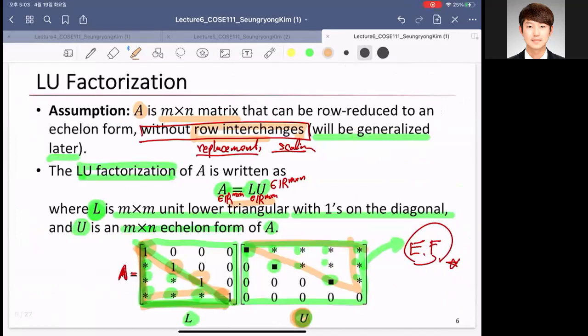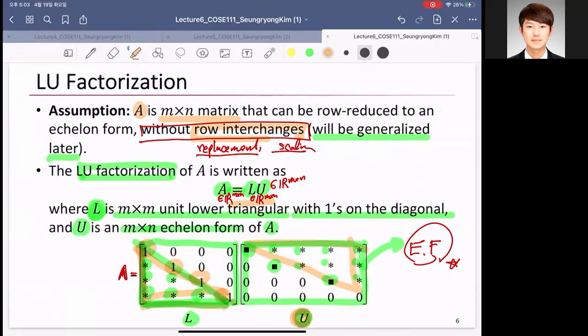One of the assumptions in LU factorization is that matrix A is an m by n matrix that can be row reduced to echelon form without row interchanges, which will be generalized later. We just assume matrix A can be row reduced by replacement or scaling, the elementary row operations. Then LU factorization can be written as A = LU.